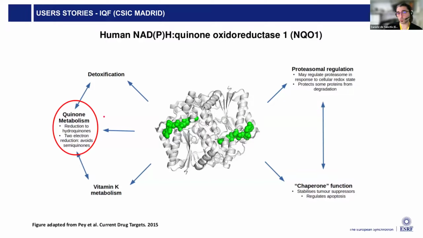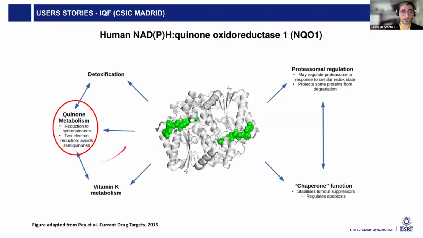Now I'm going to go quickly through a couple of nice user case stories that were collected during the last year of operation. The first one is from the group of Jose Martin Garcia, on the protein NQO1, a flavin-dependent oxidoreductase, which is involved in many critical mechanisms and is a potential target for tumor treatment.